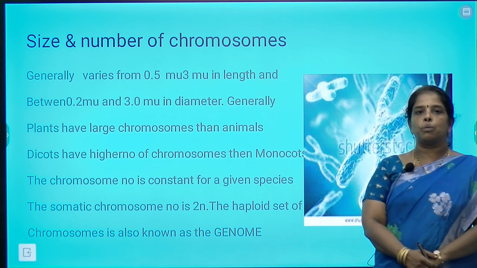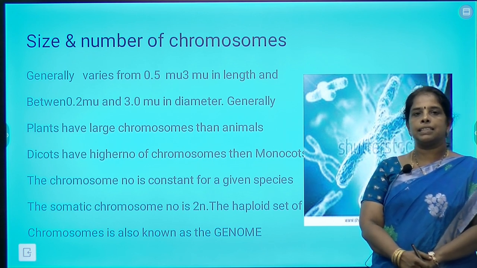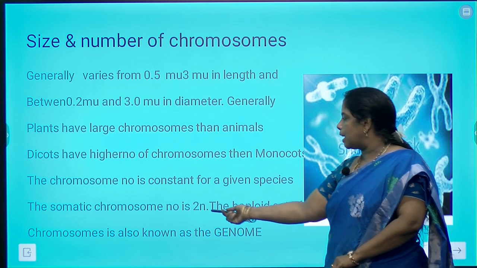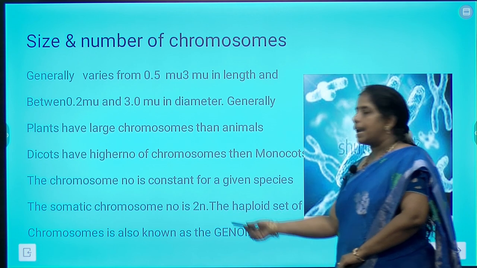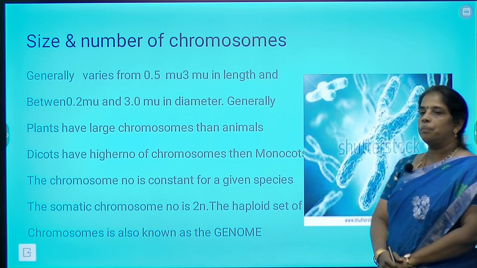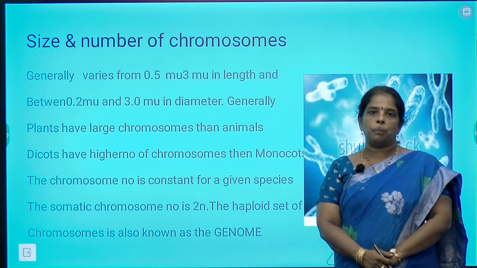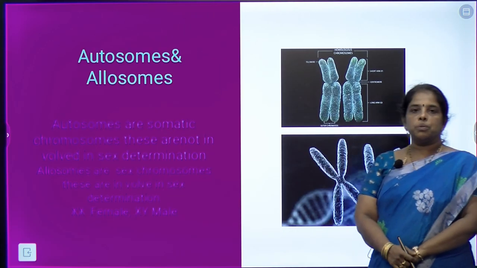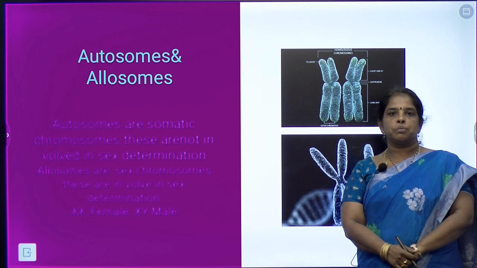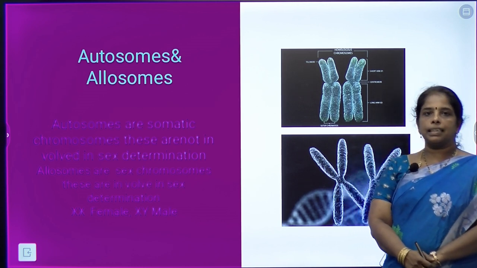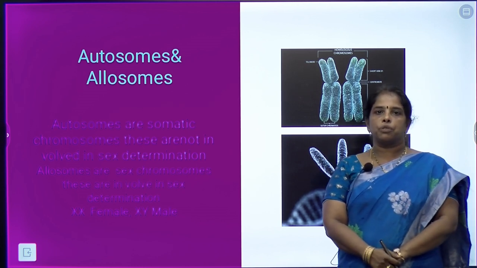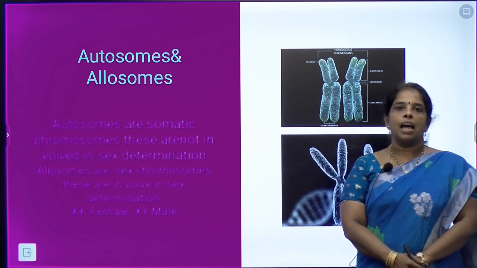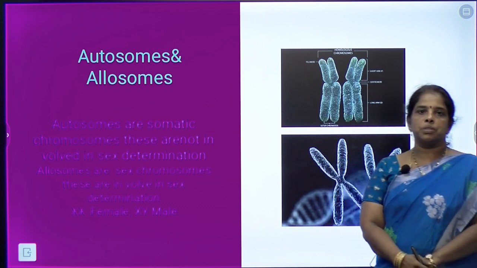The number of chromosomes in a somatic cell is noted as the chromosome number, denoted by 2n, and the haploid set of chromosomes is also known as the genome. Now, autosomes and allosomes. Each diploid cell consists of two sets of chromosomes. Among these, two types are there: autosomes and allosomes.